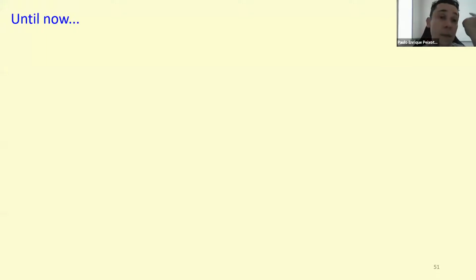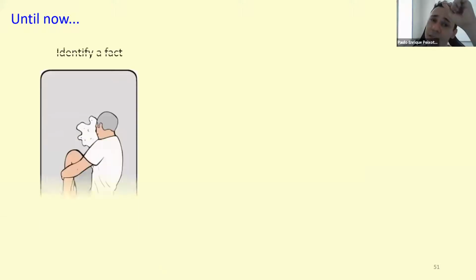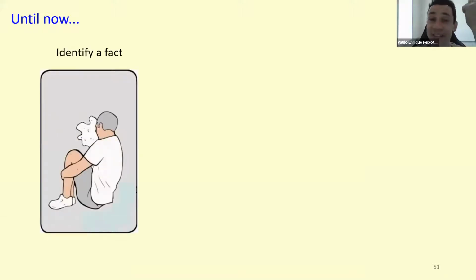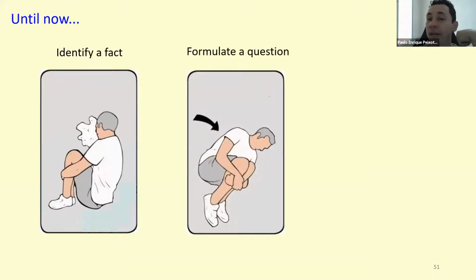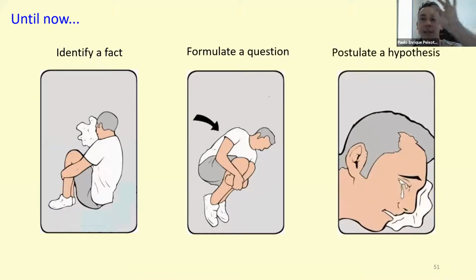So you have to go to step one, which I think has some suffering, like this one. You have to identify a fact. After that, you have to formulate a question, okay? And after that, you have the third part, which is postulate a hypothesis, okay? So no suffering, imagine, at all.